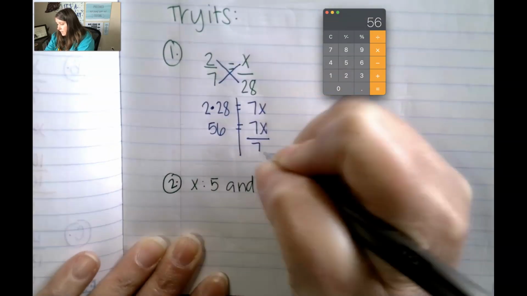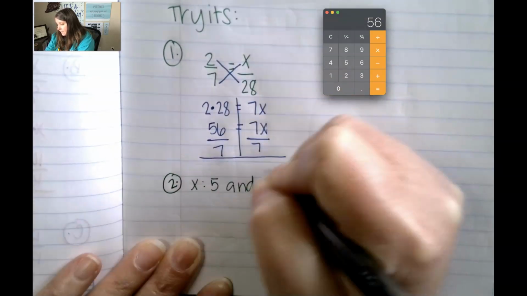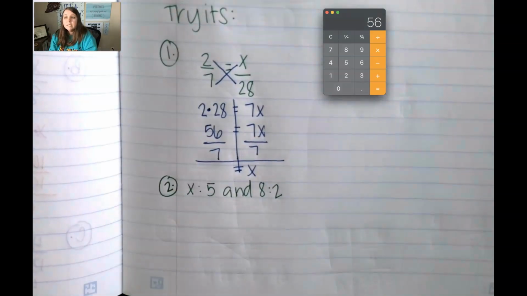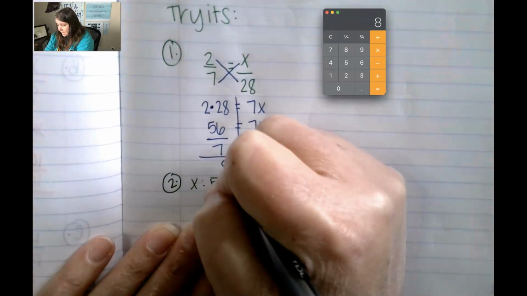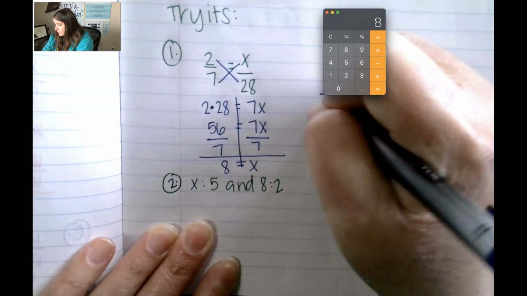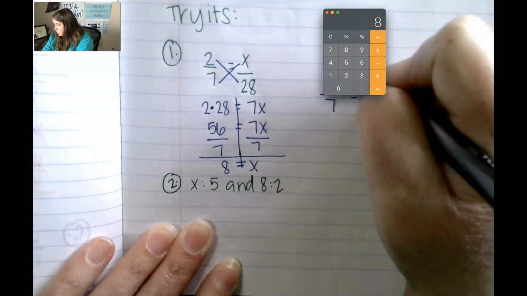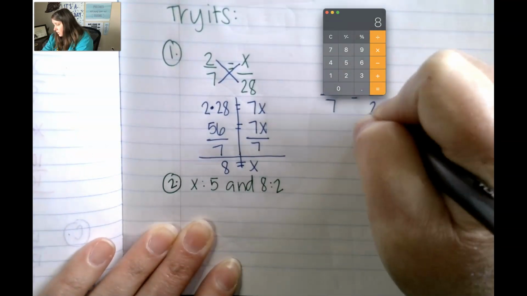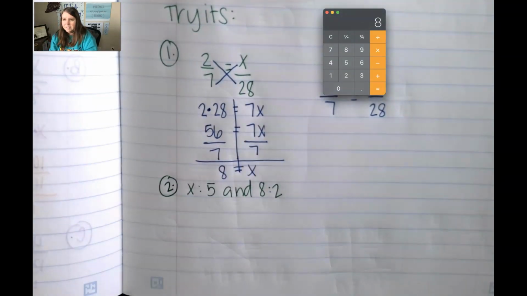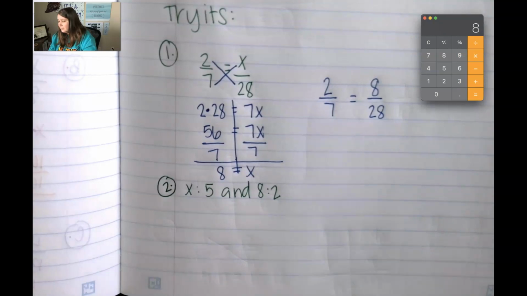We're ready to divide by 7, divide by 7. So x equals 56 divided by 7, and that equals 8. So we get 2 over 7 is equal to 8 over 28.